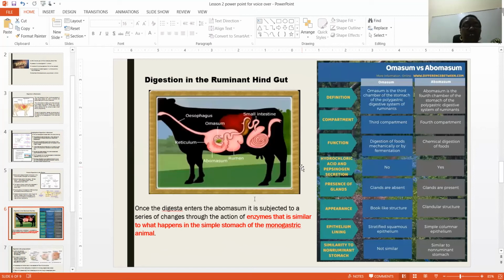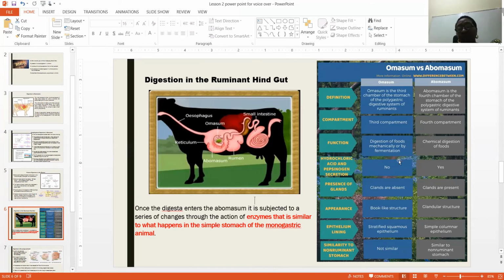Another aspect is what happens in the hind gut. After this has taken place, what happens behind the rumen, which is referred to as the hind gut? Once the digesta enters the abomasum, it is subjected to a series of changes through the action of enzymes that is similar to what happens in the simple stomach of the monogastric animal.